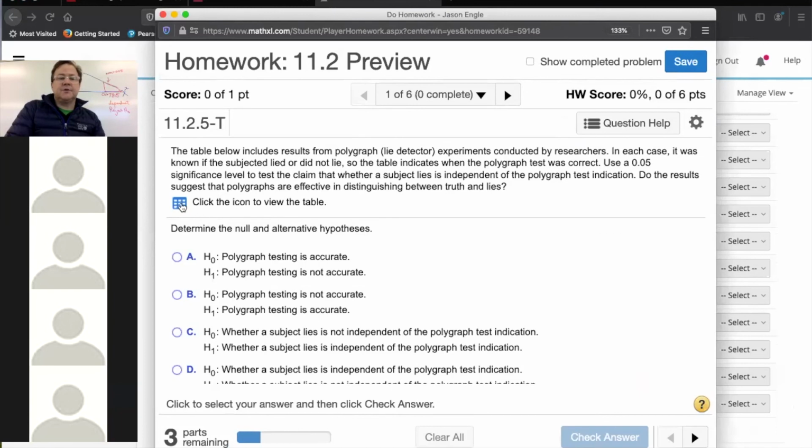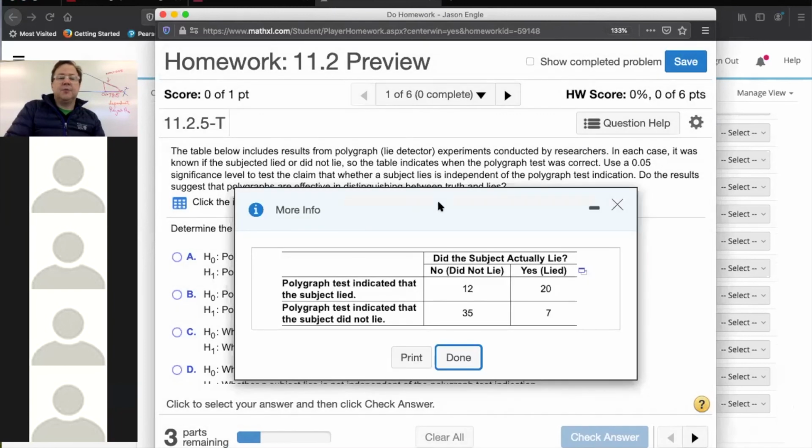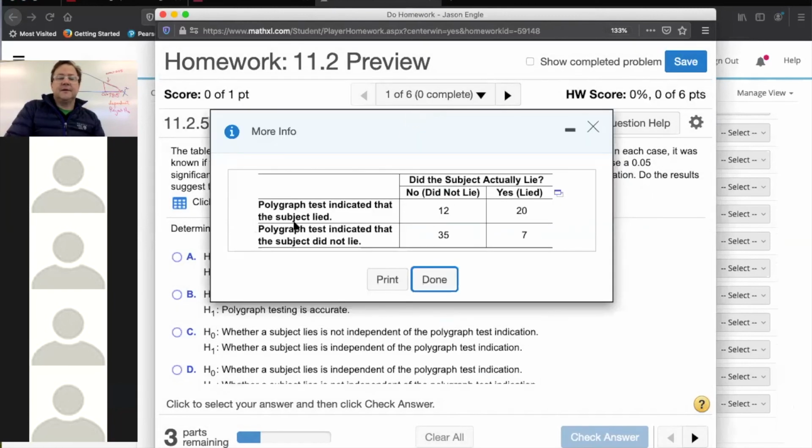It could have to do with a polygraph test, which is a test that is supposed to be able to tell if you're lying or not. And if I had some way of knowing whether they actually did lie or not, you can see that the polygraph test is not perfect. But is it good enough that your answer depends on whether you lied or not? Well, you can do a chi-square test to investigate that.